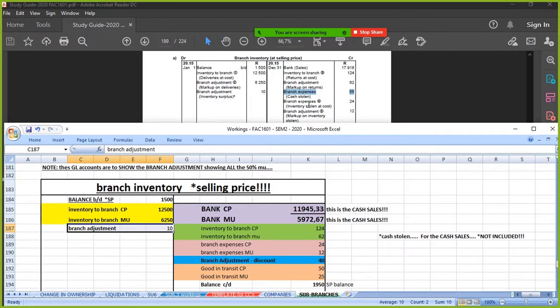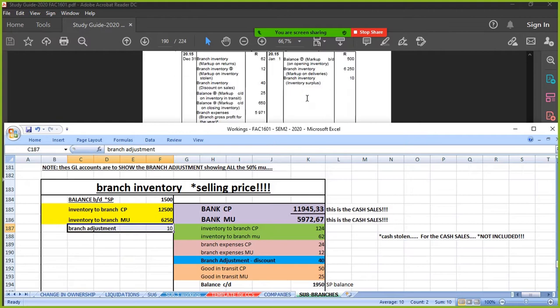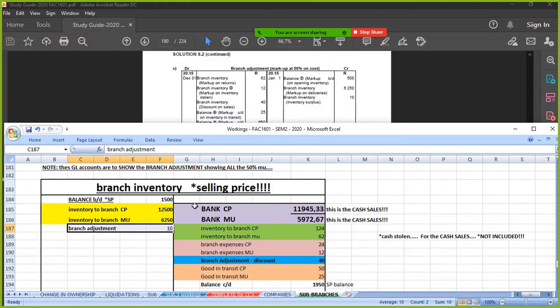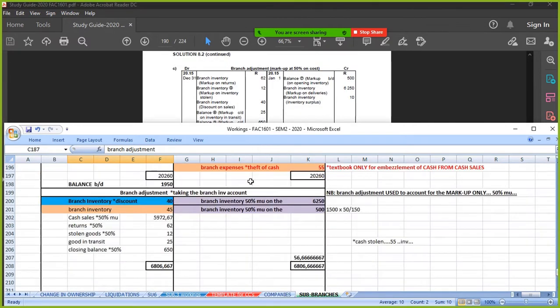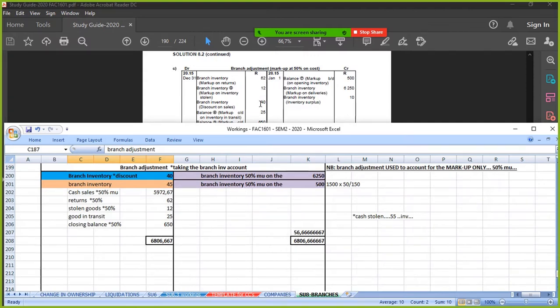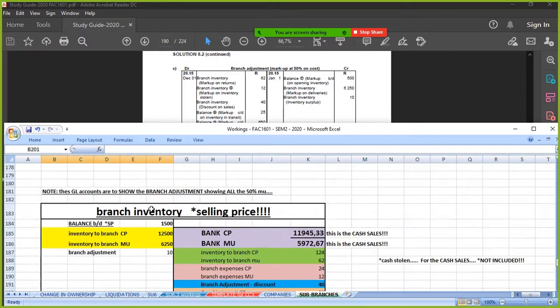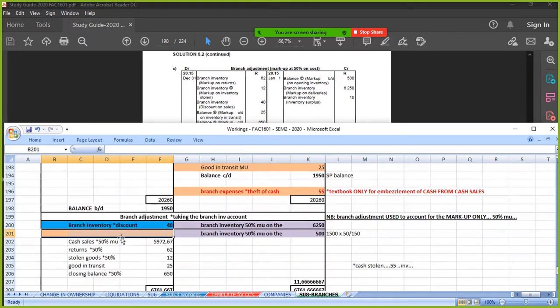So if we go back to the branch inventory adjustment here, this account. In the branch inventory account, we had the 40. We had this 45, which we will delete because the 45 no longer applies, since we had provided for that 10. So we need to show the 10. Branch adjustment 10.